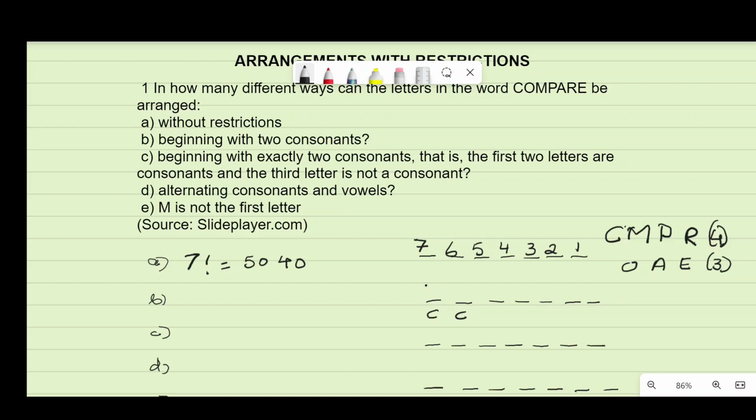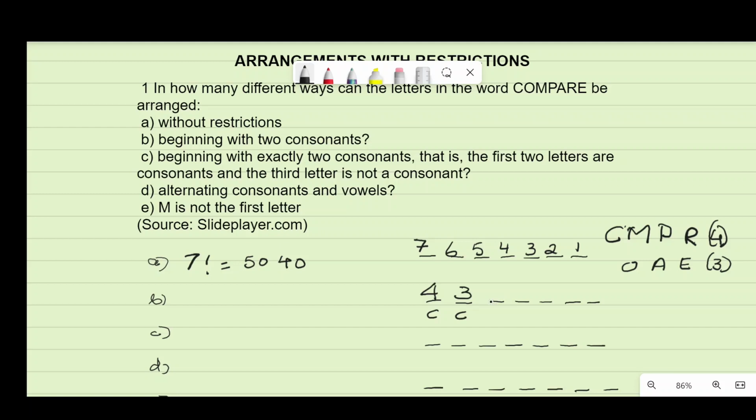How many consonants are here for the first position? There are 4 consonants available. How many consonants are available for the second position? Because we used one consonant here, only 3 consonants are remaining. I hope that is clear.